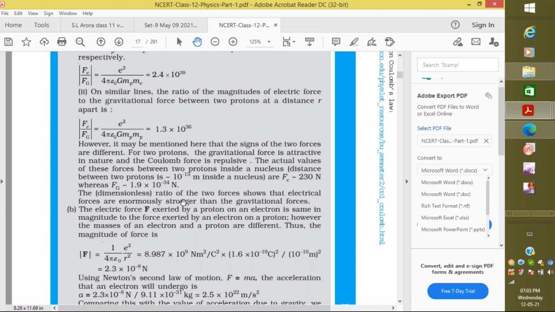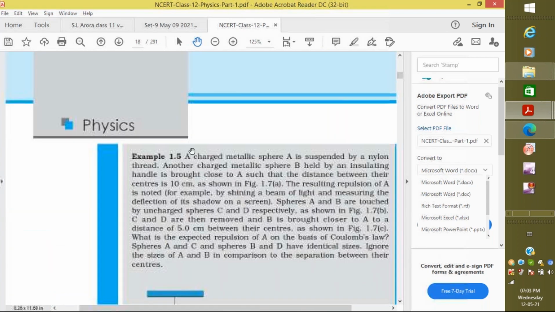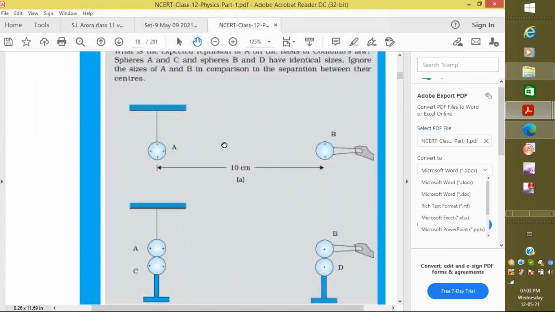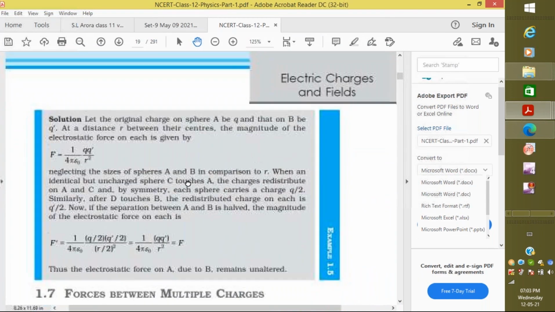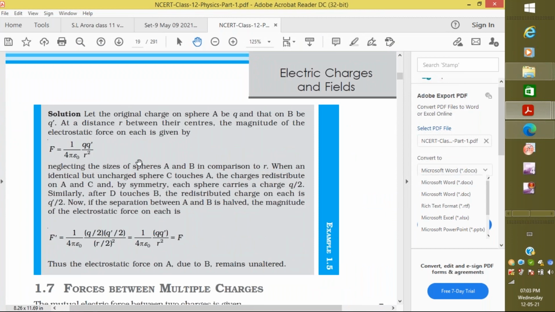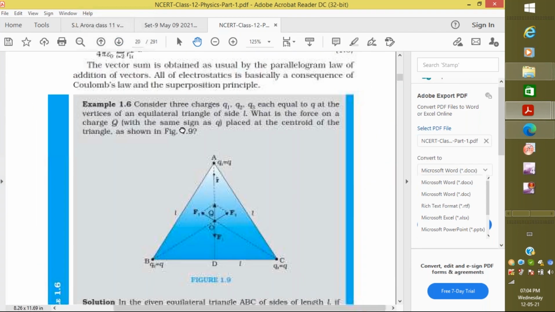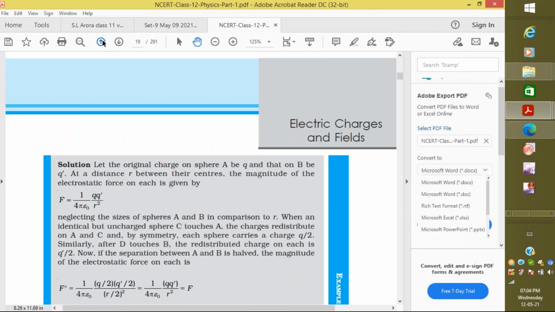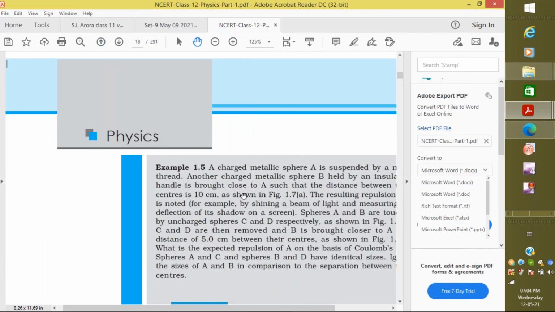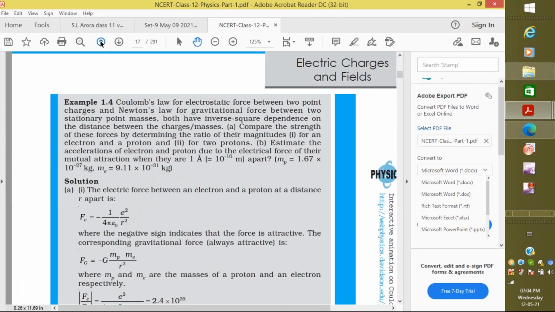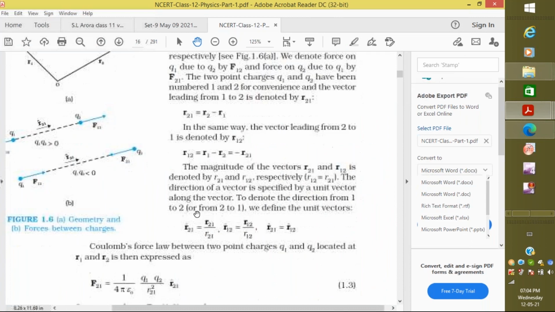I'll tell you another example here, to explain why I'm talking about this. Another example is here somewhere.